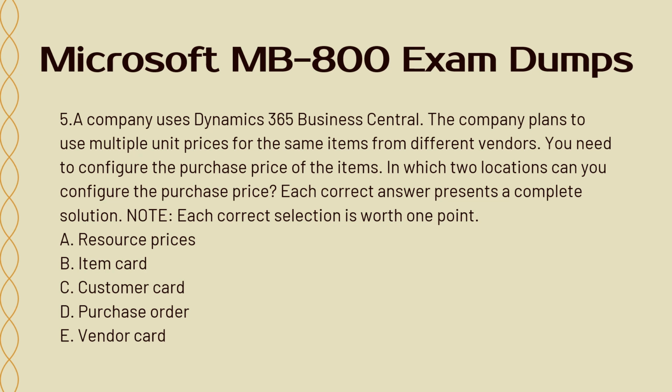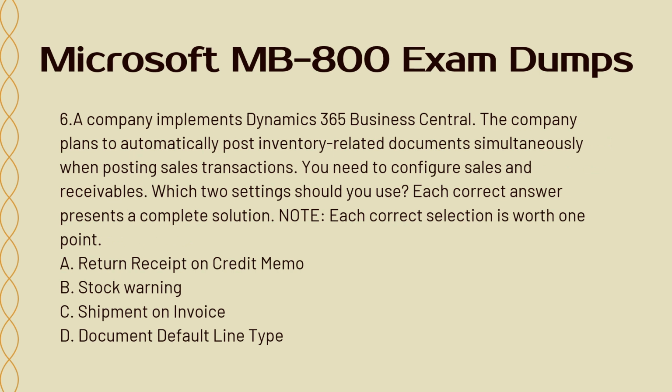Note: each correct selection is worth 1 point. A. Resource prices. B. Item card. C. Customer card. D. Purchase order. E. Vendor card.